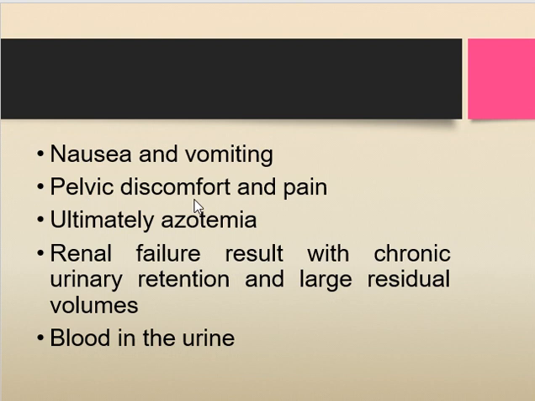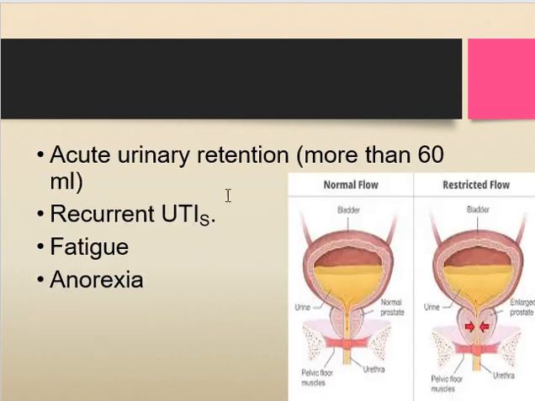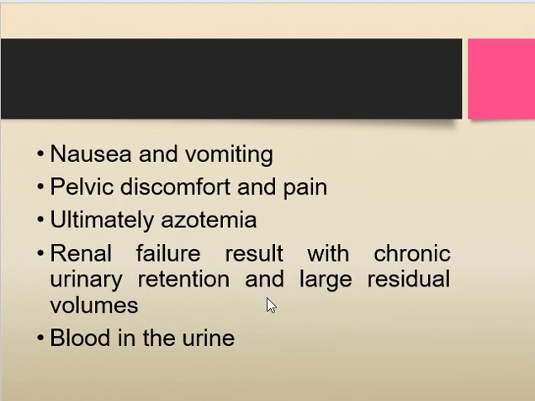The person may have pelvic discomfort and pain. See, your bladder is distended due to retained urine. Again and again your kidneys are functioning well, so your bladder will be filled again with urine, and the urine which has already been retained is there. Again your kidneys are excreting urine into the bladder. Then there will be pelvic discomfort and pain where your bladder is located.